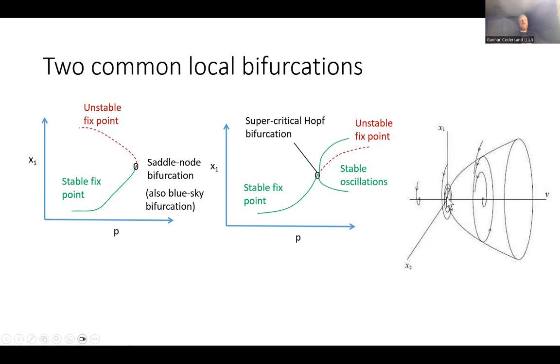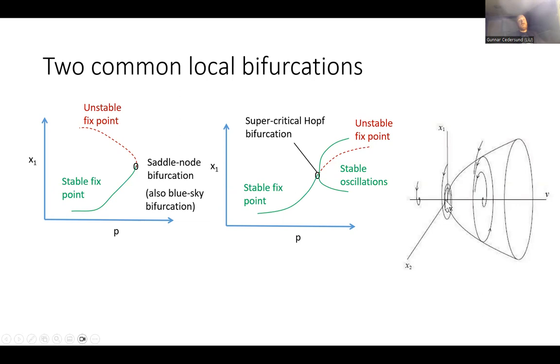And here at the bifurcation, one of the eigenvalues to one of the eigenvectors, or actually two of them, because this is a two-dimensional bifurcation, will have zero real part. So here we have a center space, and it's on this center space that we start to have these oscillations. These limit cycles start to grow on this center space.